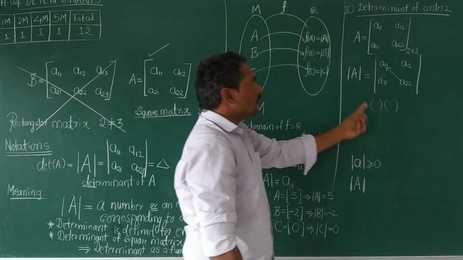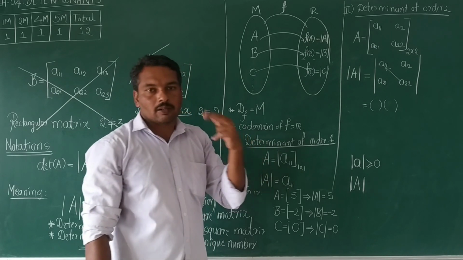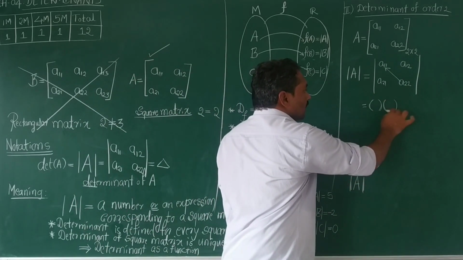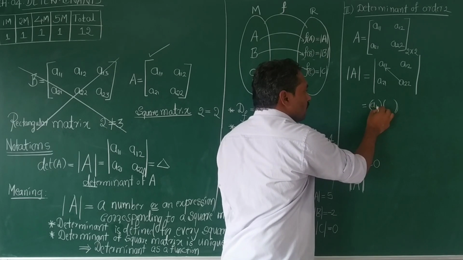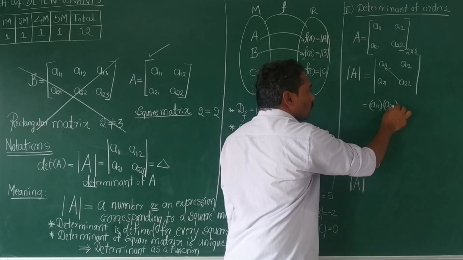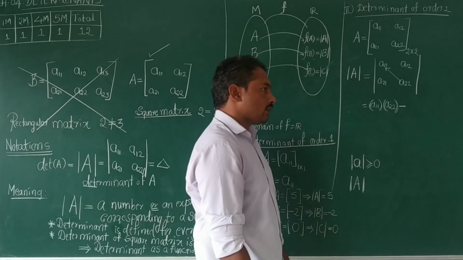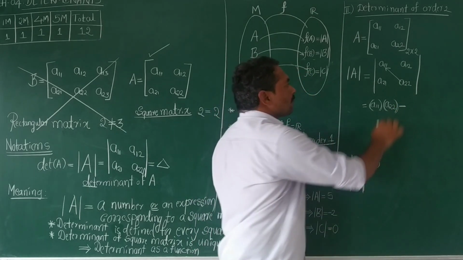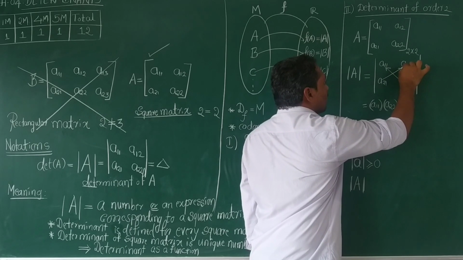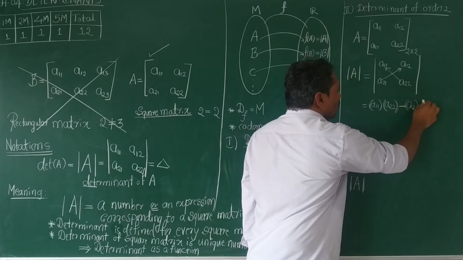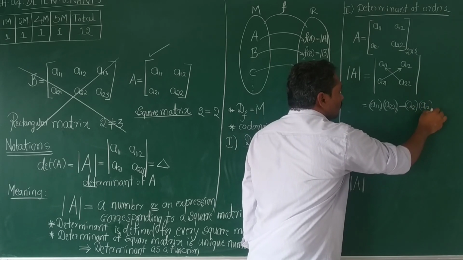So first consider the product of principal diagonal elements, that is A11 into A22. After this, put a negative mark. Then take the product of non-principal diagonal elements, that is A21 into A12.